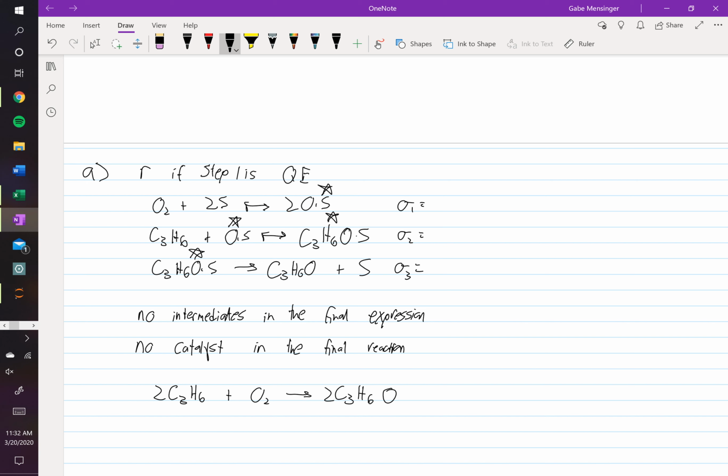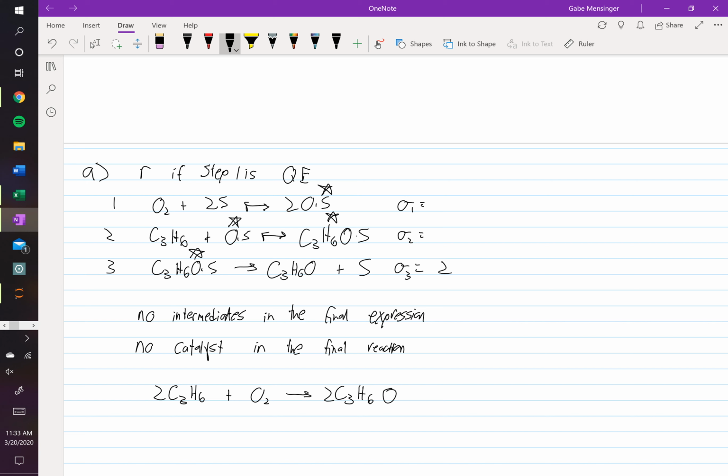So, based off of that, we know that we need to have 2 acetones in our final reaction. Acetone only appears as the unbonded species in number 3. So 1, 2, 3. So we can say that sigma 3 is equal to 2.